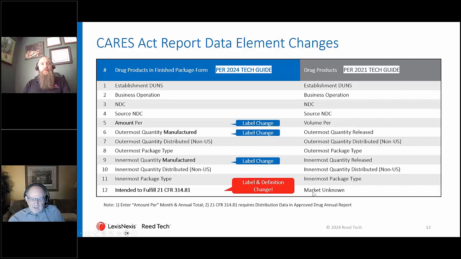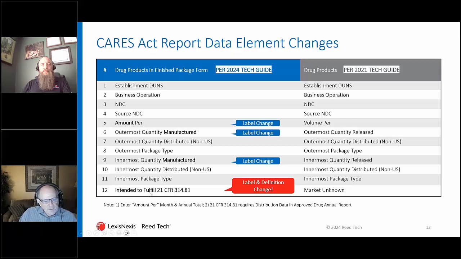In the 2021 guide, there was a question whether yes or no, whether the market was known or unknown. And that was to indicate if you're doing some outside U.S. distributions. And that particular report, now, already submitted, let's say, yes or no. But as of today, using the new 2024 guide, that field number 12 is a different type of question.